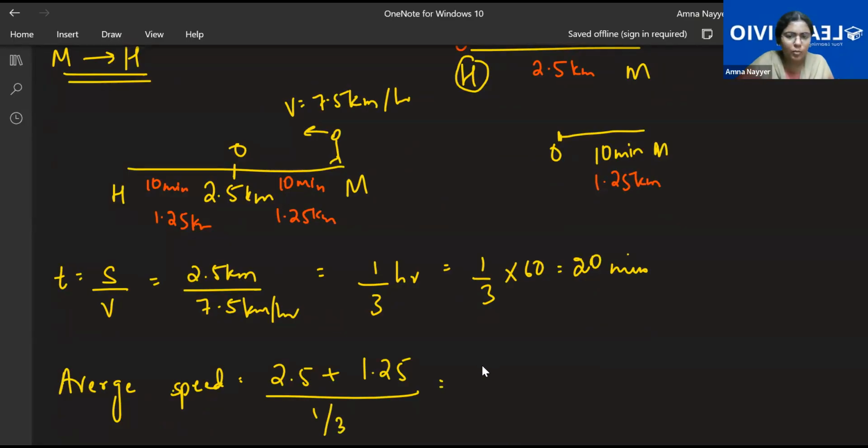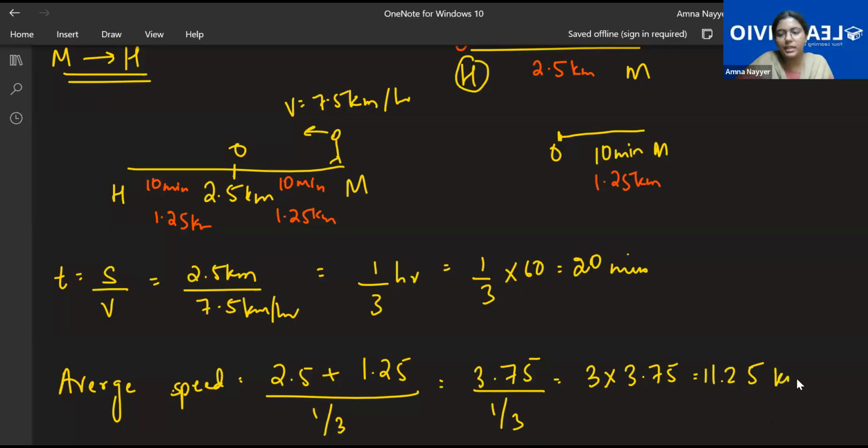So this makes it 3.75 divided by 1/3, basically 3 into 3.75, which is 11.25 kilometer per hour. Okay, 11.25 kilometer per hour.